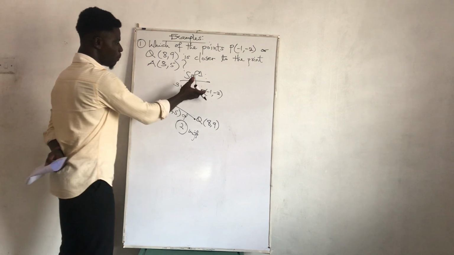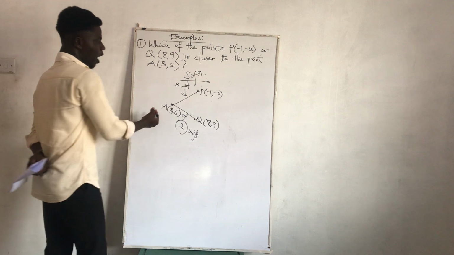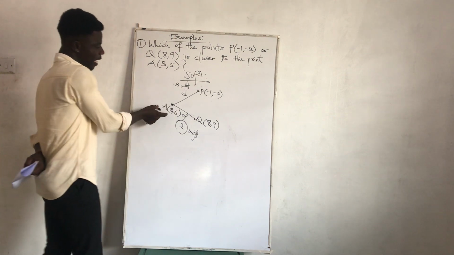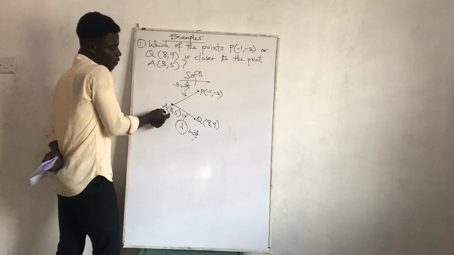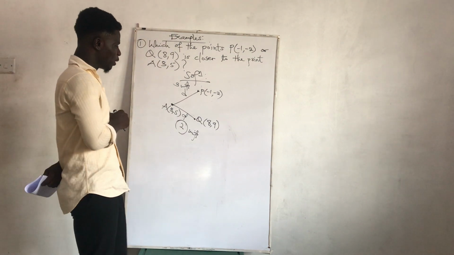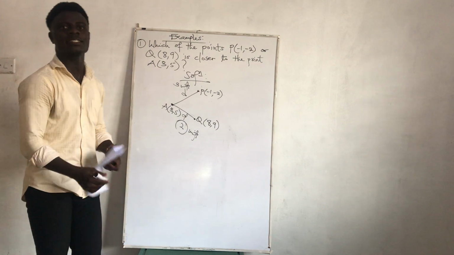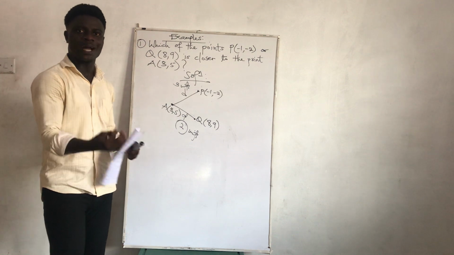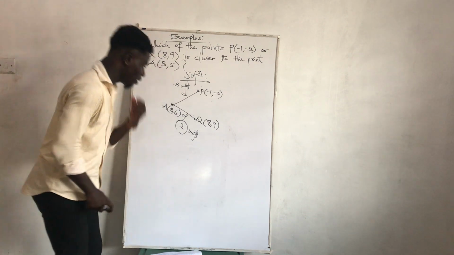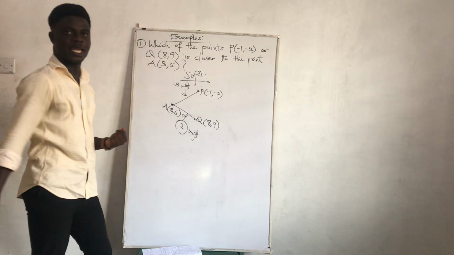We have point A, point P, point Q. Now, you have to find the distance from A to P, and also from A to Q. Then you compare your answers. Which one is lesser? The answer which is lesser gives you the one that is closer to A.